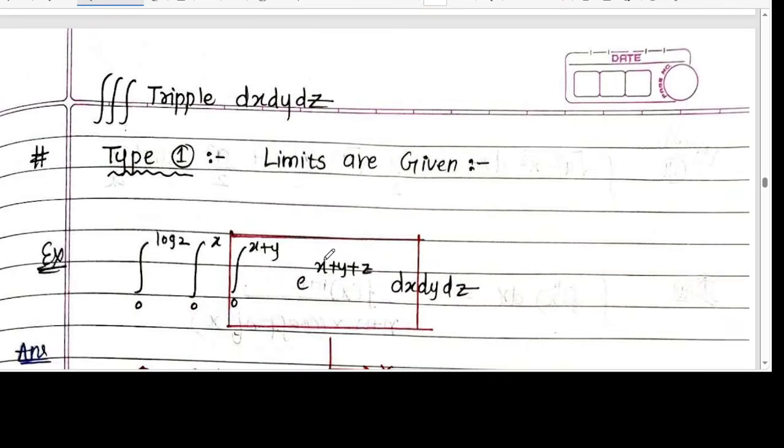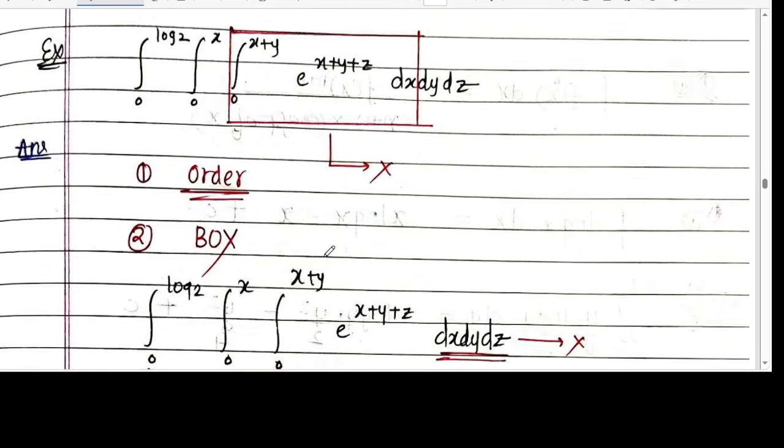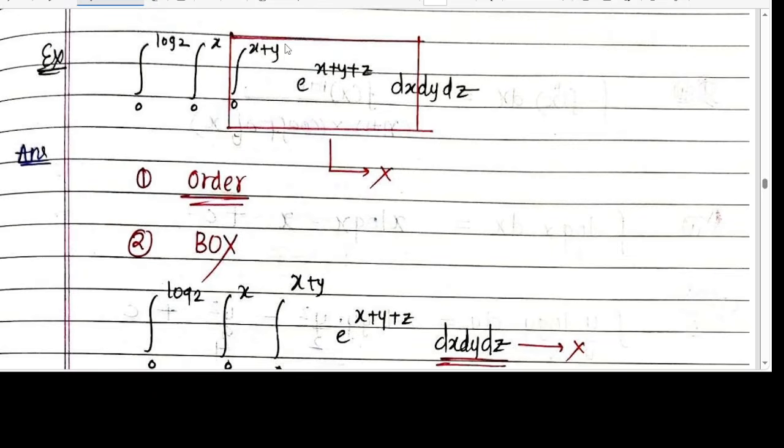Now quickly we will revise triple integration. All of you remember, in triple integration, first of all we have to see the limits of the innermost integral. This is an example I have explained with the help of an example. Here x and y, both the variables are there. It represents that these are the limits of z, and we have to integrate with respect to z first.